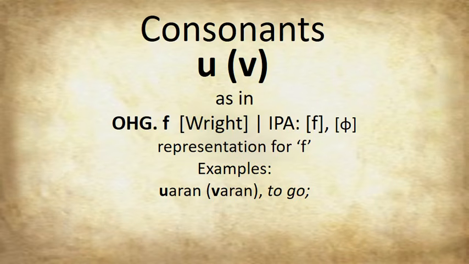So I would recommend to rewind the video back to F, just to get a refresher on how to pronounce Old High German F, because the U or V here is really just a representation for the same sound. So we have our example here of faran, meaning to go.